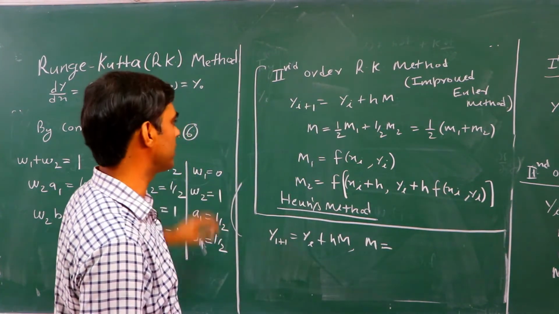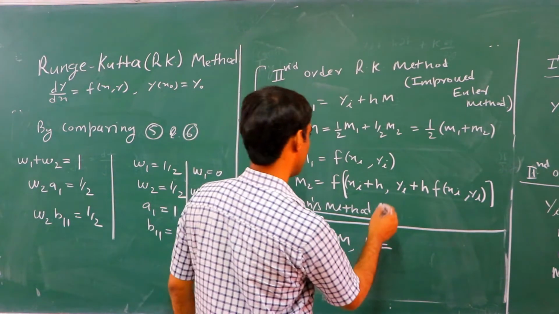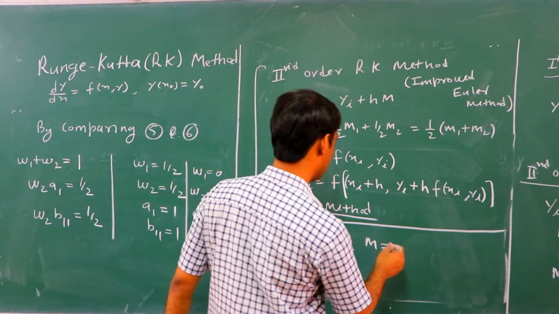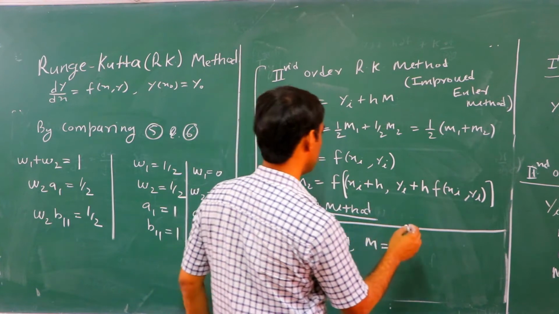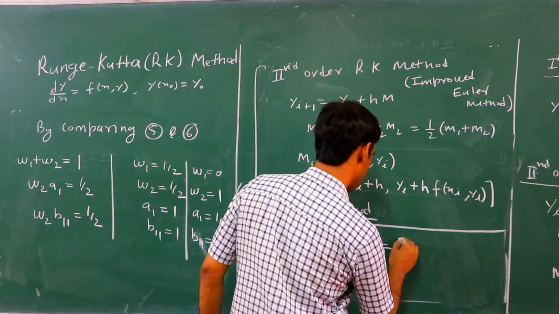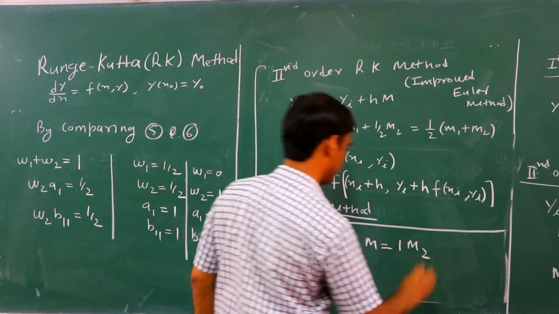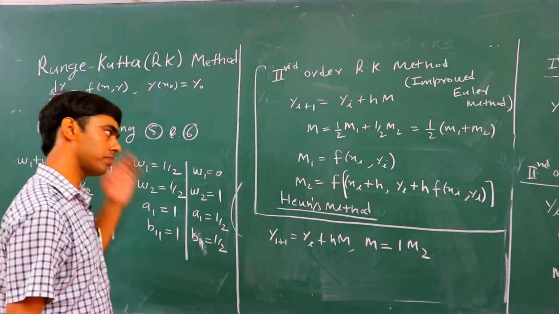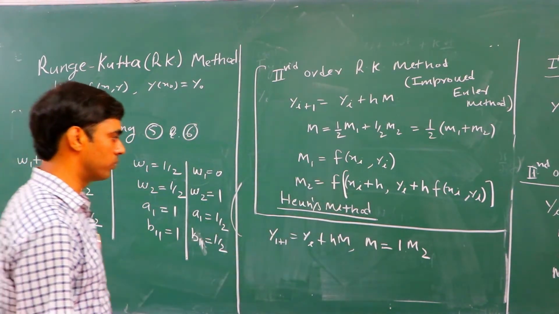Since W1 becomes 0 and W2 becomes 1, m equals m2 only. And what is the value of m2?